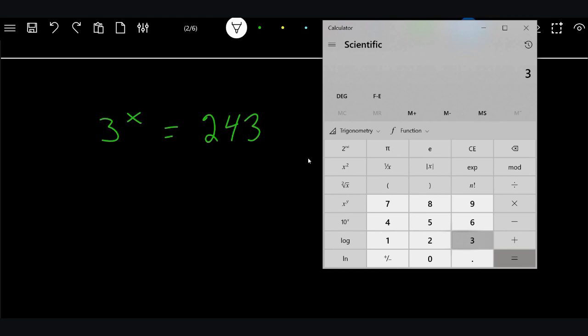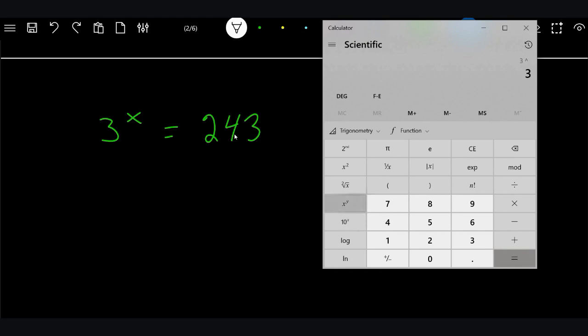Why do we want the bases to be equal? Well, that way we can find out what the exponent is, because that's our goal here. We're trying to find out what x equals. So how do we do that? Well, take the number 3 and just exponentiate it. What does that mean? Just see to what power we get it.